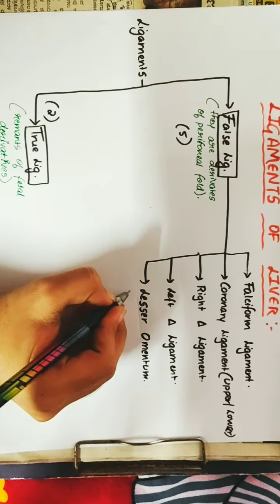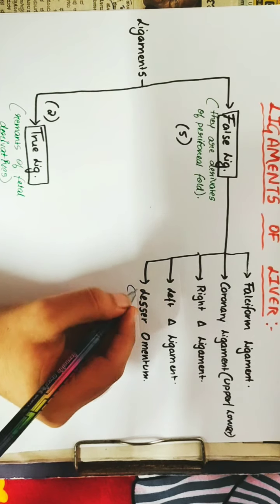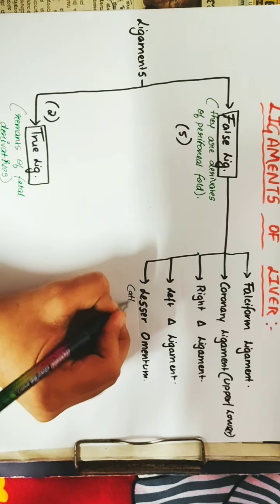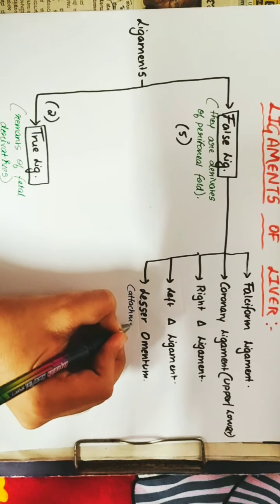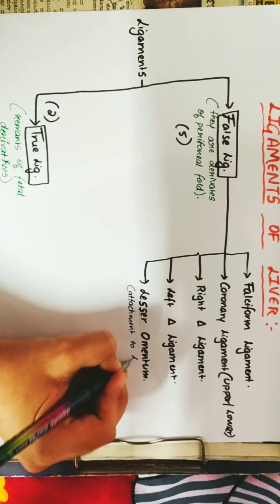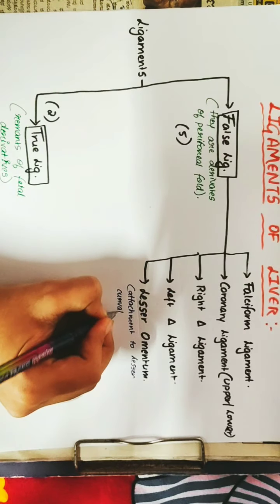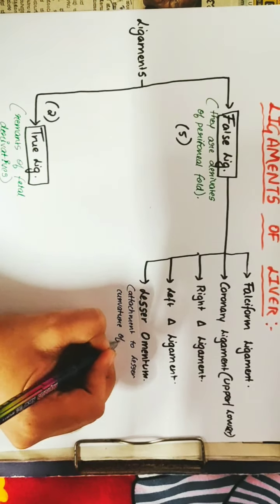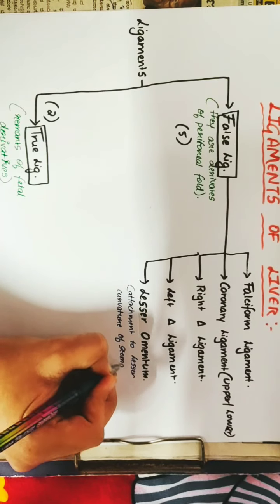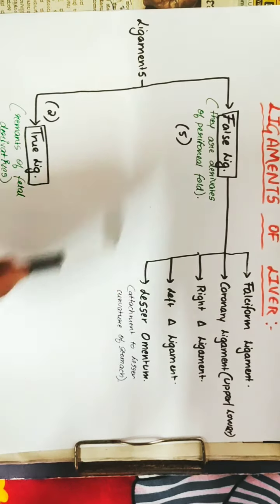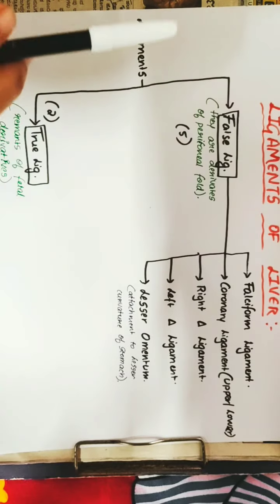Lesser omentum you'll study deeply, but for now just remember that it is attached to the lesser curvature of the stomach. So these were the 5 types of ligaments present, which are false ligaments.